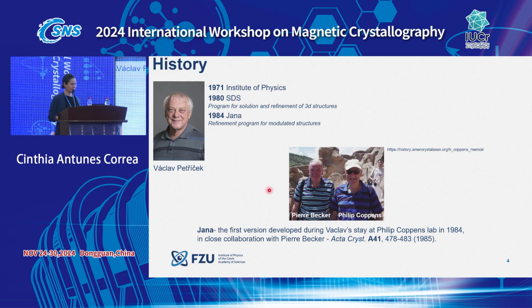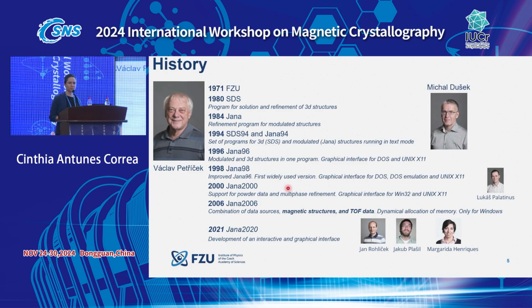Then in 1984, during his stay at Philip Coppens' lab, he started writing JANA in close collaboration with Becker. Since then, several other people started also working on the analysis of crystal structures, and JANA has been developed a lot.